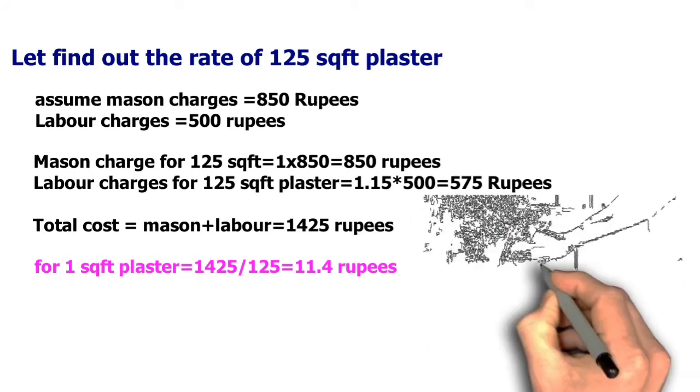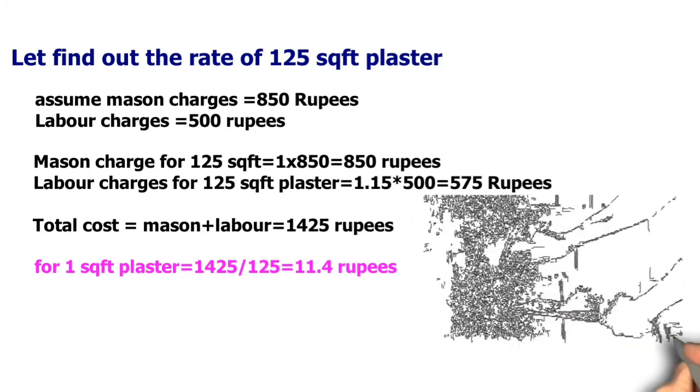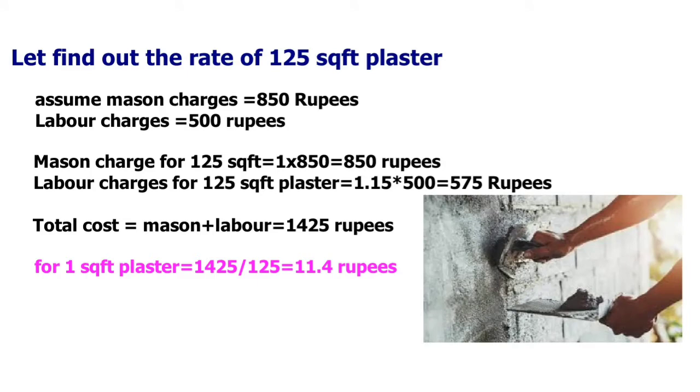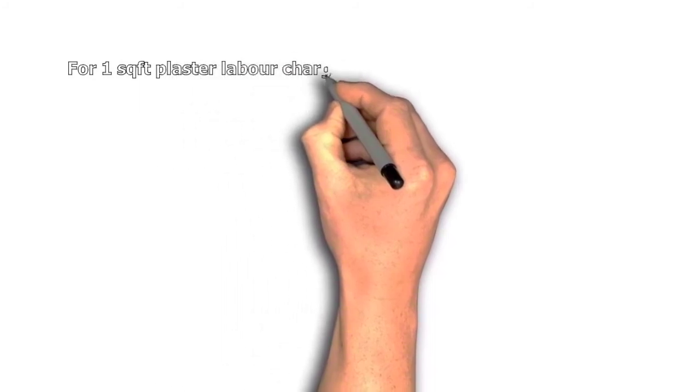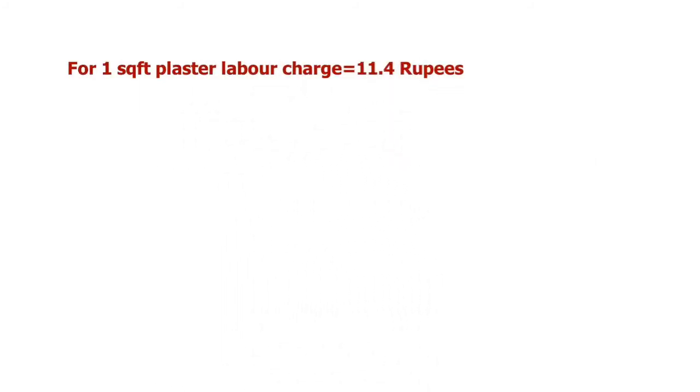So we will get 11.4 rupees for plastering work, and we will have to add some additional cost to this amount of 11.4 rupees.